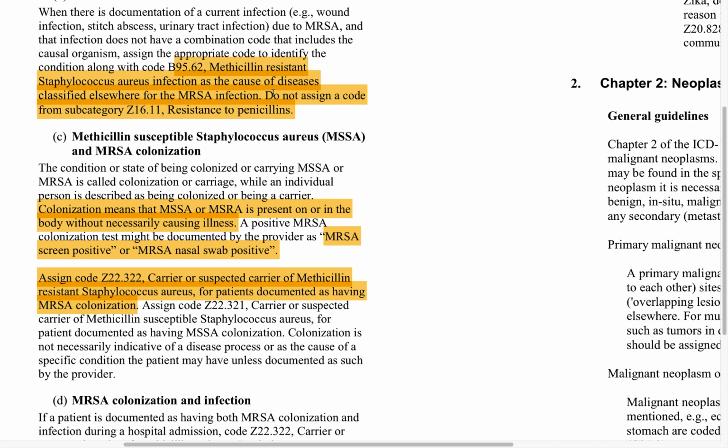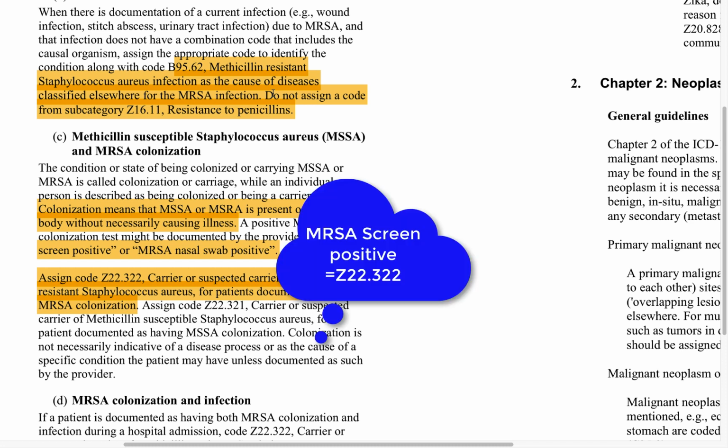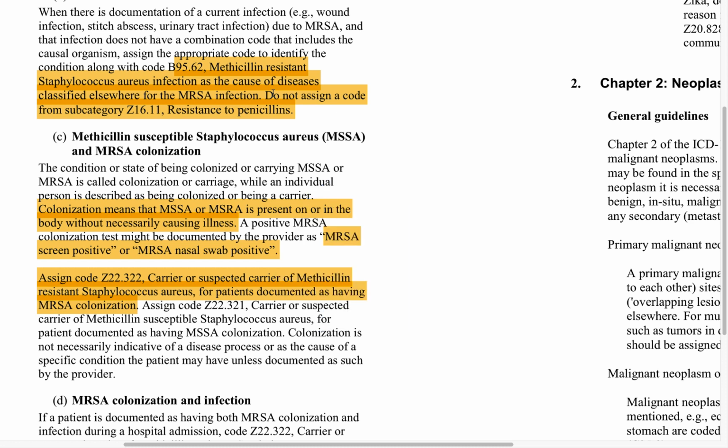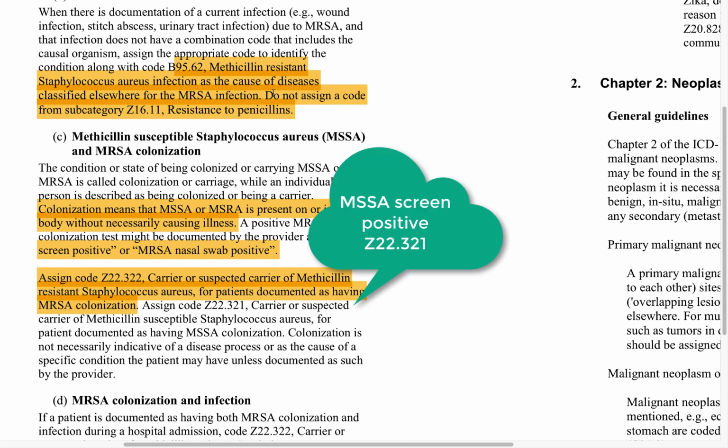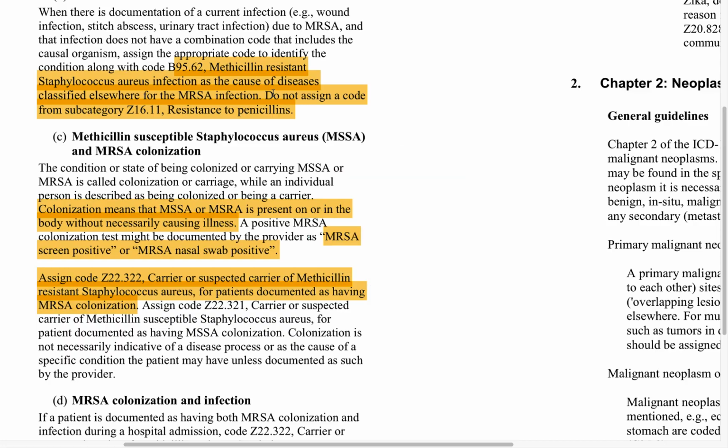A positive MRSA colonization test might be documented by the provider as MRSA screen positive or MRSA nasal swab positive. Assign code Z22.322, carrier or suspected carrier of MRSA, for patients documented as having MRSA colonization. Assign Z22.321 for MSSA colonization.